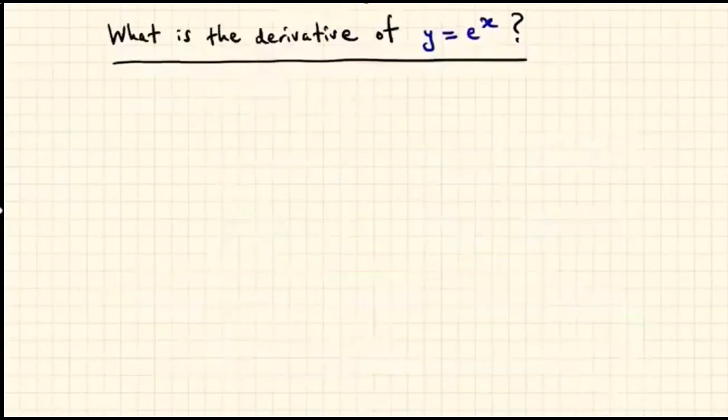Next, we look at a function that turns out to be indestructible with respect to differentiation. Consider the function y equals e to the x. Recall from an earlier video that the tangent line to its curve at the y-intercept has slope 1.